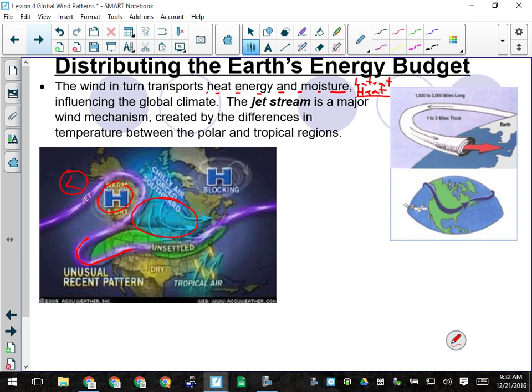Right now, if you look through the part of the United States that is unsettled here, what do we call that part of the United States? Well, it's part of the Midwest, but it has kind of a more common name. Tornado Alley. Yeah. This is Tornado Alley right here.